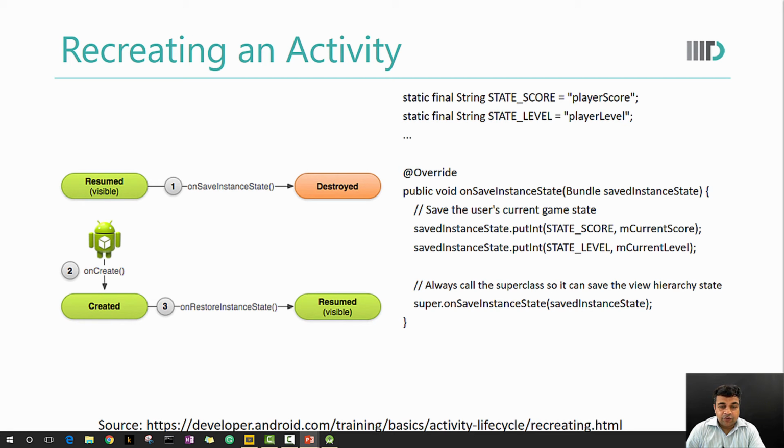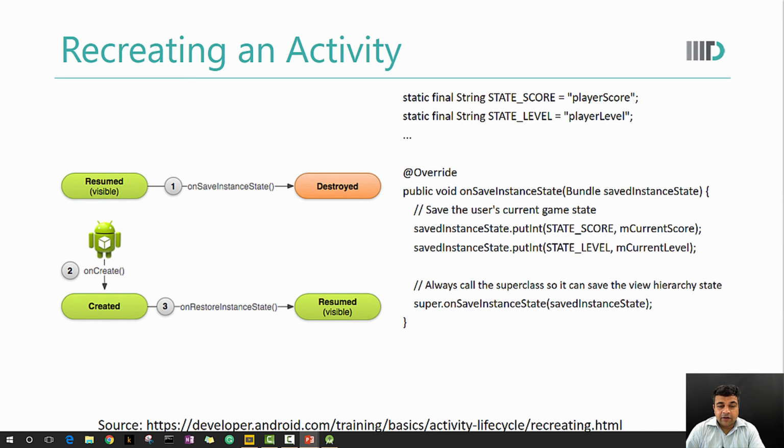Here I am giving you a simple program sample that shows you how to store values in the Bundle in the form of a key-value pair. For example, I want to store the values of state score and state label. I go into the method I have overridden, the override you see.